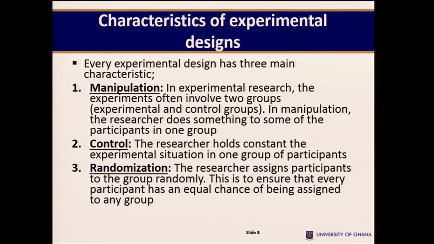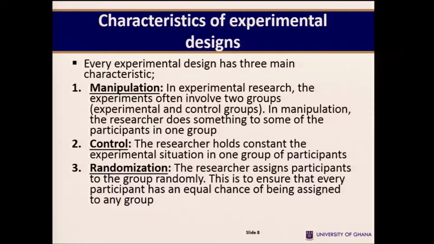Randomization is a process of giving every participant the chance of being part of any of the groups. There's a way for you to randomly put the students in a group, and we will talk about that in another session. So these are the three key characteristics of every experimental design.